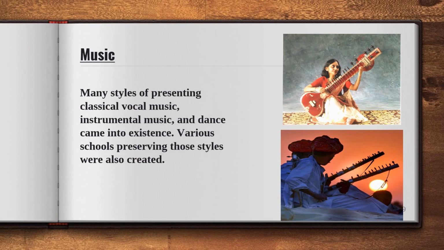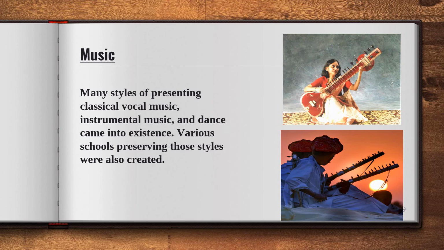The very first style of performing arts we are going to discuss is music. Indian people came into contact with different cultural traditions of other nations across the globe, and that resulted in a blending of many different streams in the presentation of Indian performing arts, enriching them over time.